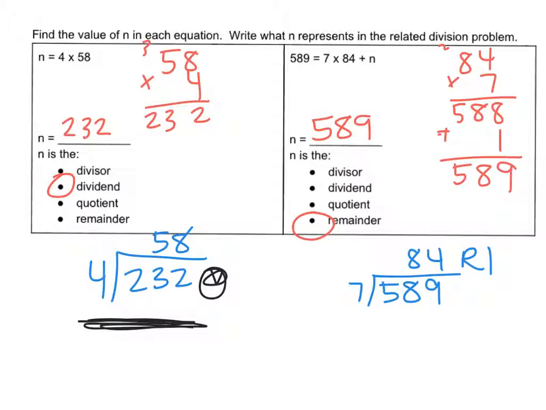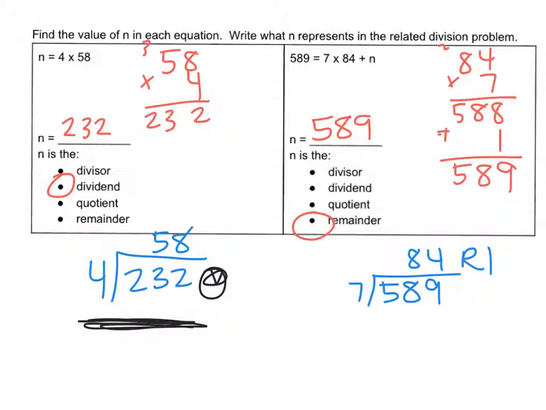For that second problem, n is right here. Looks like I'm adding it on, so when I figure out that 84 times 7 was 588, that's only one away from 589, which is on the other side of my equation. So I'm just going to add on one more, and I just caught myself making a mistake. Hang on, let me fix it.